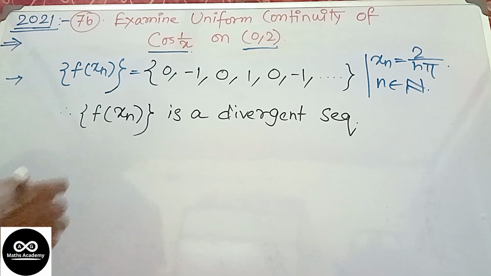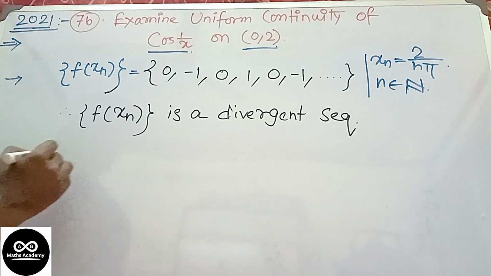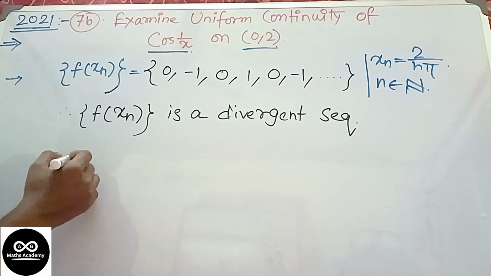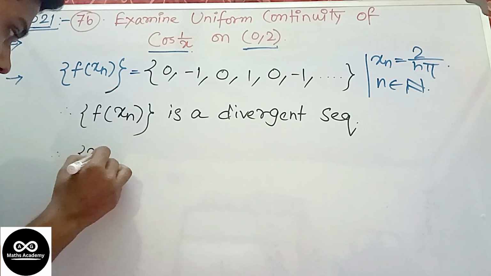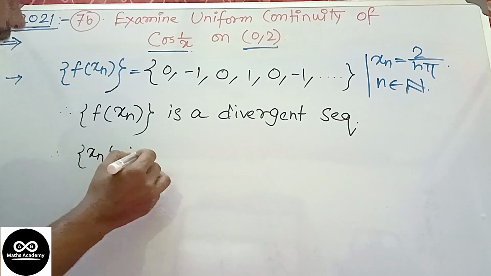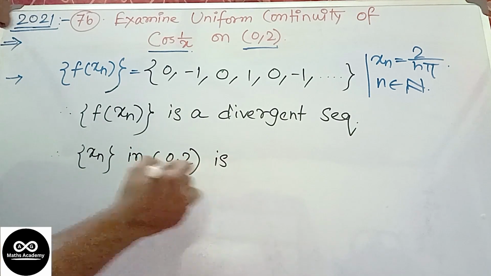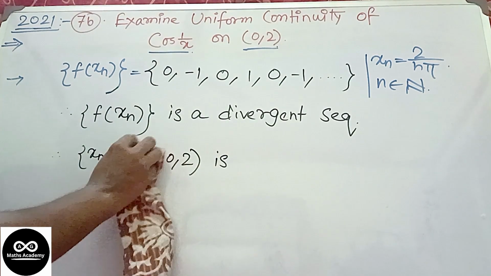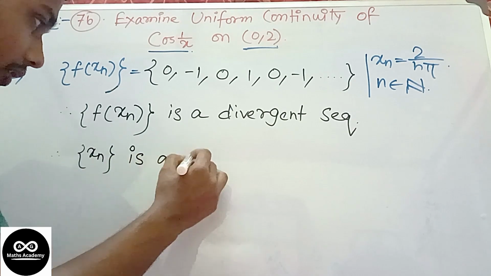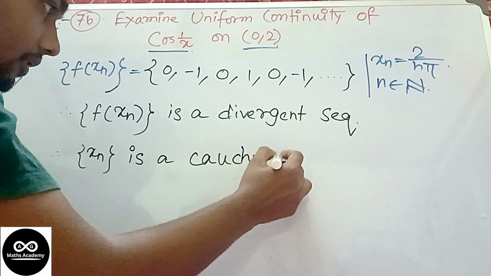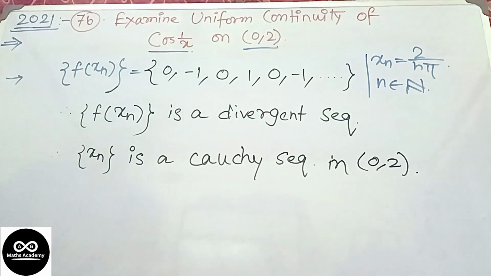Okay, so now by the theorem I have shown before, what do we get? Okay, we get this sequence xn in 0, 2, or the sequence xn is actually a Cauchy sequence in 0, 2.